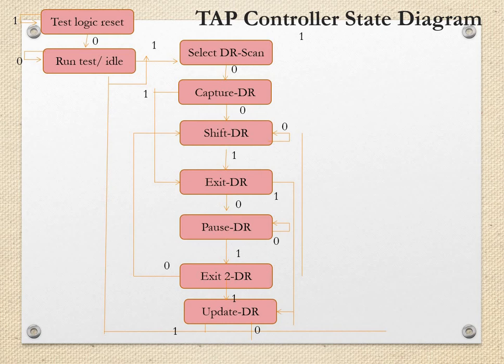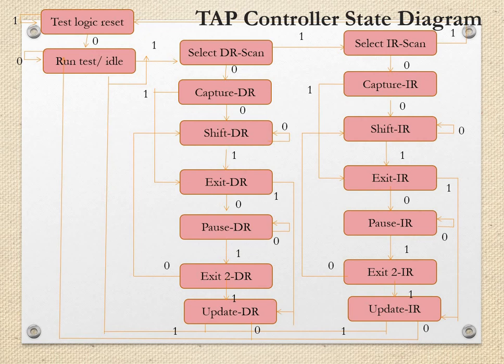If the 1 sequence comes again, then the exact replica related to the instruction register will be executed. Now in both the instruction register and data scan operation, you can see the similar steps are there, which we have studied in the operation of the boundary scan cell.